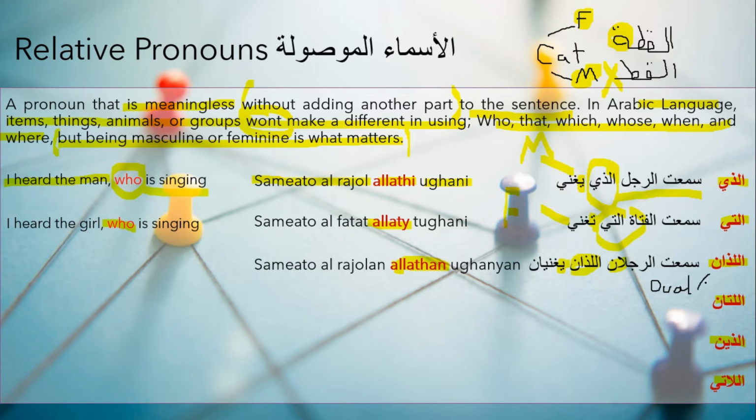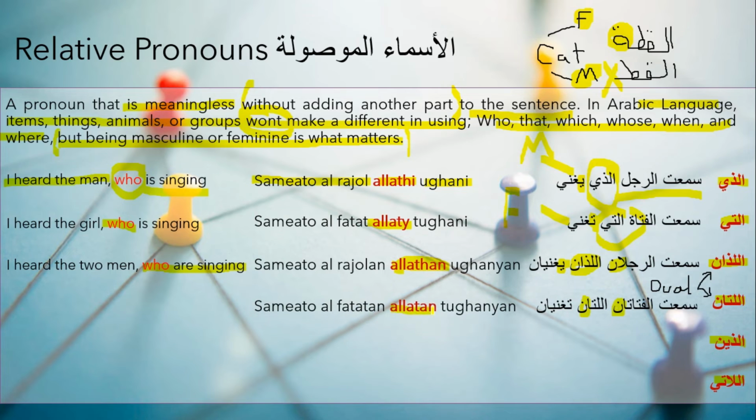But again, there's a big difference between masculine and feminine. As we said, this is what matters in the Arabic language. So, اللذان يغنيان, I heard the two men who are singing. Or سمعت الفتاتان اللتان تغنيان.